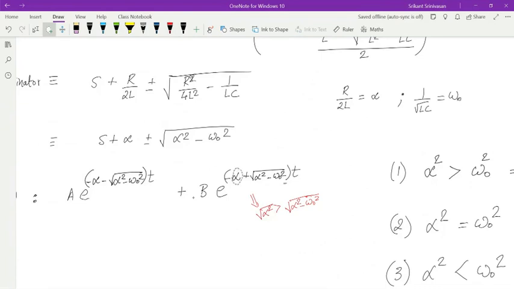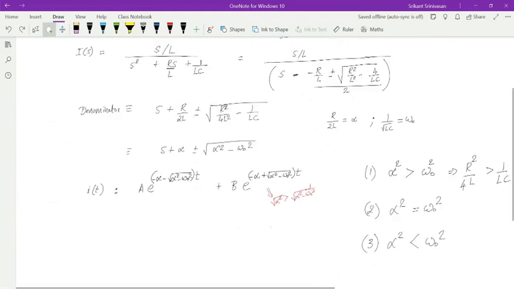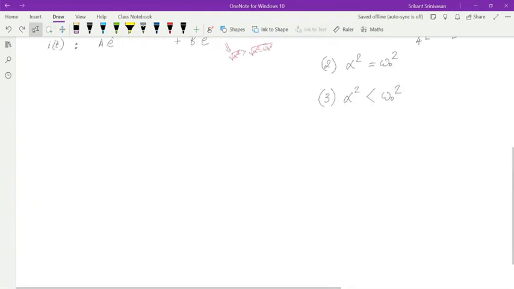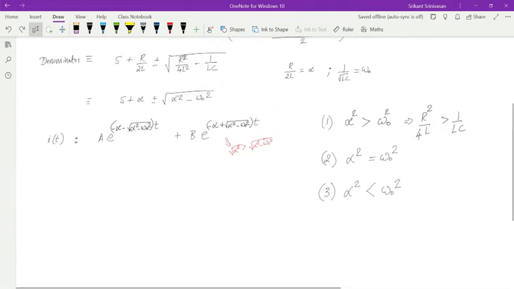So the first term is always greater than the second term. So even though there is a positive sign here, overall I will have a negative sign. So I have a decaying exponential. So if I go to case 1, two decaying exponentials.